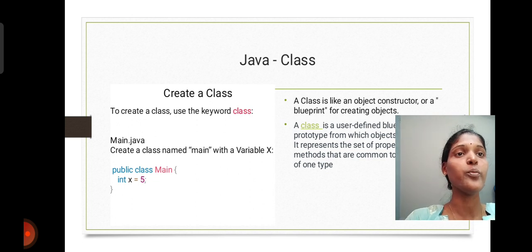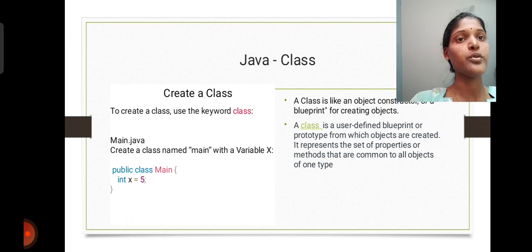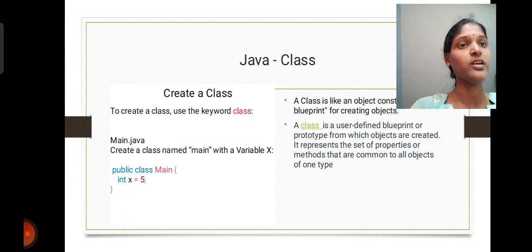A class is a new object constructor or a blueprint for creating objects, where a class is a user-defined blueprint or prototype from which objects are created. It represents the properties or methods that are common to all objects of one type.